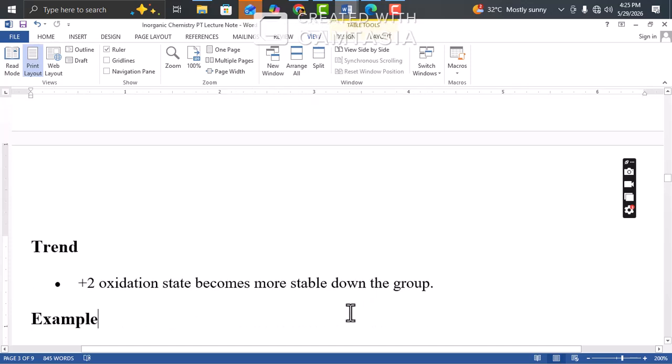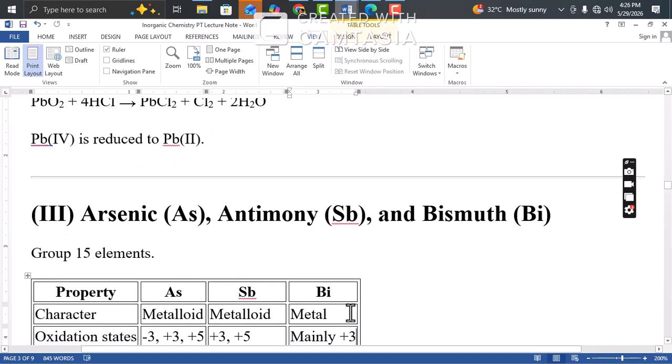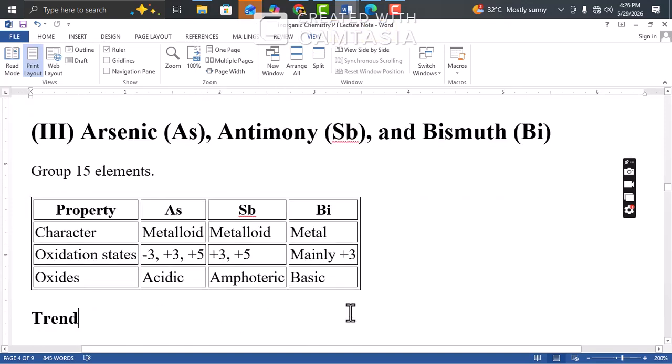Okay, now we can move to group 15. For group 15, we are going to be looking at arsenic, antimony, and bismuth. The three properties we are going to consider: first, metallic character. Arsenic is a metalloid, antimony is a metalloid, bismuth is a metal.